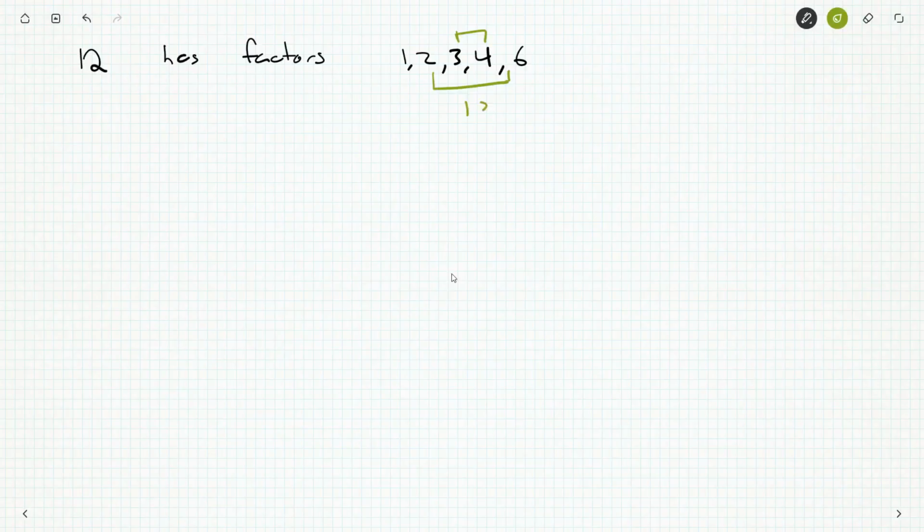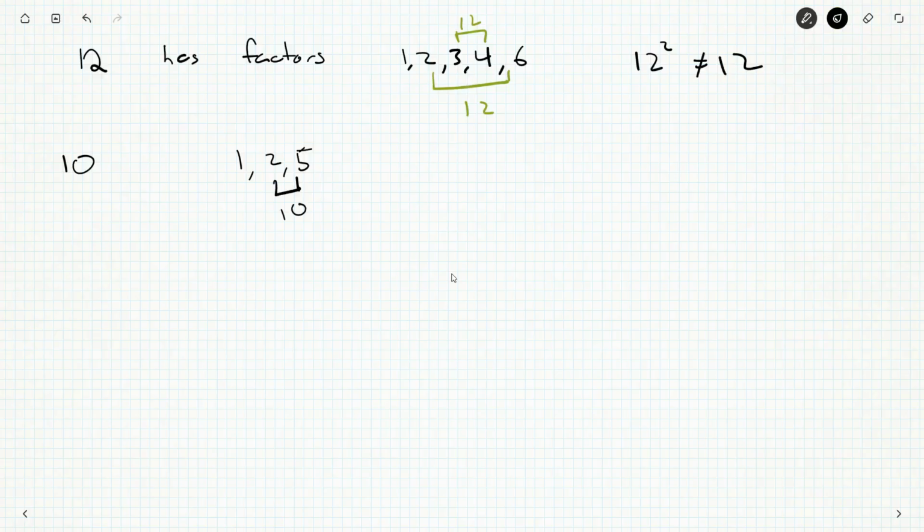And these guys are going to give me 12s, and the 1 never really contributes anything. So the product here is going to be 12 squared, not 12. Okay? The reason it works for 10 is we get 1, 2, 5. We don't include 10. And these guys pair up to give me a 10, and the 1 doesn't matter.